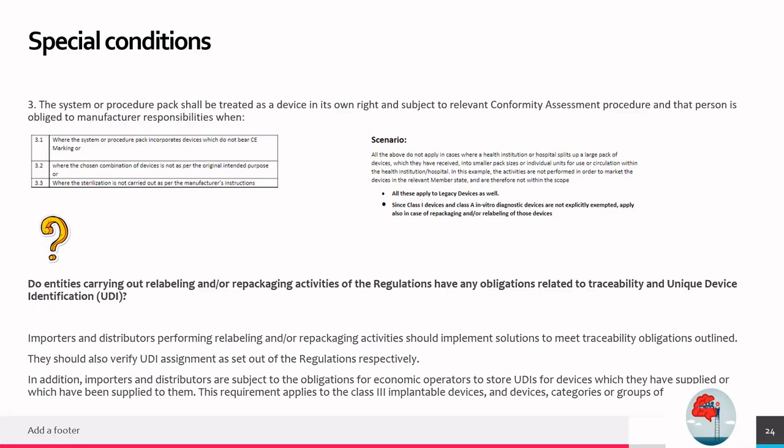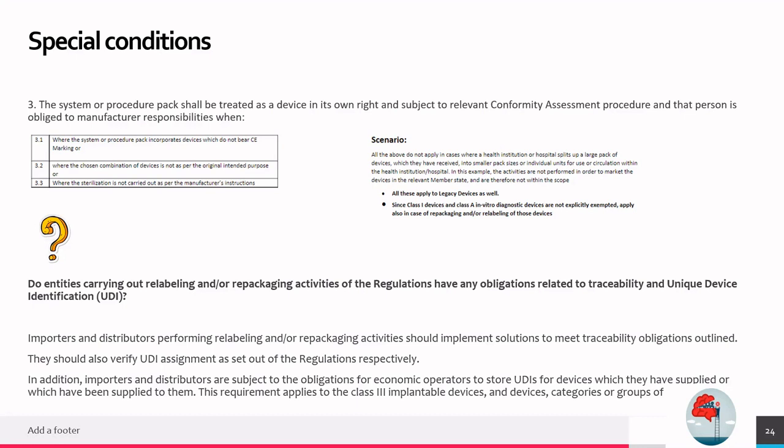In this example, the activities are not performed in order to market the device in the relevant member state, and therefore that is not within the scope. All these points which I mentioned apply to legacy devices as well. Since class I devices and class A IVDs are not explicitly exempted, they apply also in the case of repackaging or relabeling of those devices.